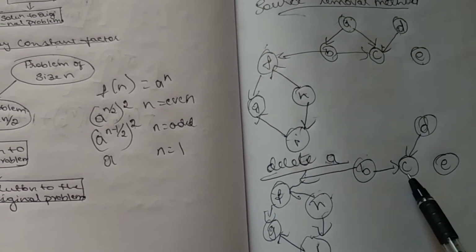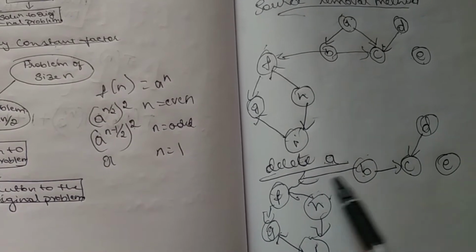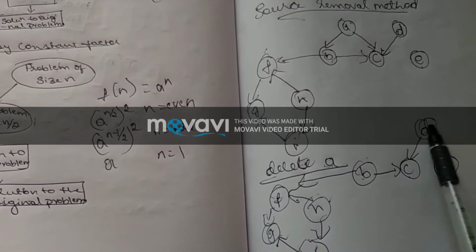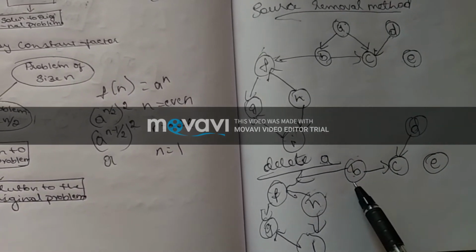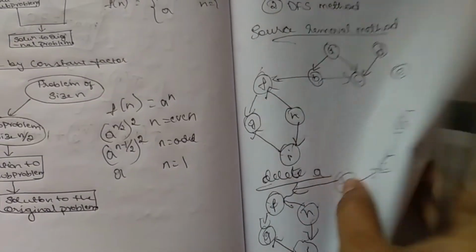And then here you see B is not having any incoming edge now, only two outgoing edges. Then D is not having any incoming edge, nor E and H. According to the arbitrary rule we have to delete B now.